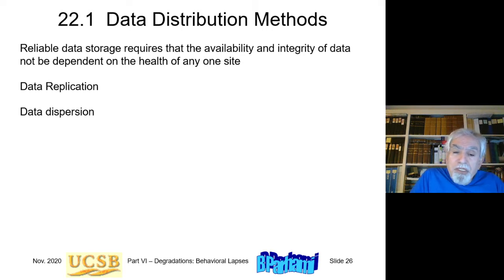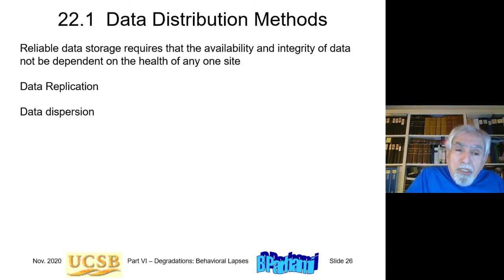Data replication means that we have multiple copies of data items of interest, so that if a site containing one copy of the data malfunctions and that copy becomes inaccessible as a result, we still have other copies that we can access. Data replication is expensive in terms of the amount of redundancy.